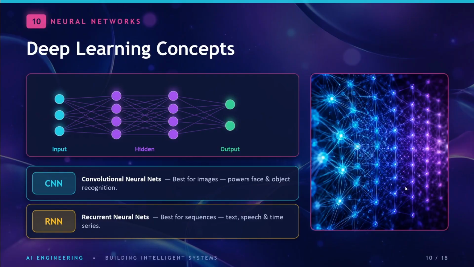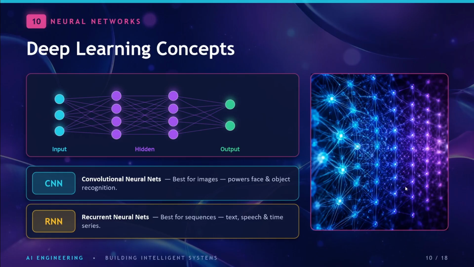Let's now go a bit deeper into deep learning and understand how neural networks are structured. At the most basic level, every neural network has three main components: an input layer, one or more hidden layers, and an output layer. The input layer receives the raw data, for example, the pixels of an image or the words of a sentence.